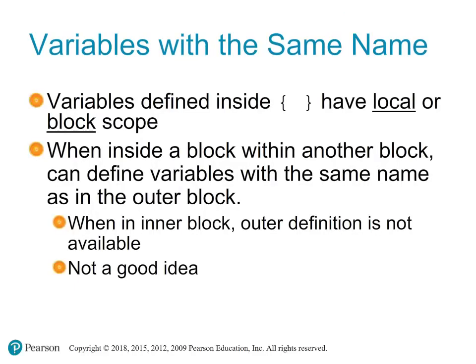Variables defined within curly braces have local or block scope. That means they are only accessible within that block. In the inner block, you can define a variable with the same name as a variable in the outer block. This is known as shadowing. When a variable in an inner block shadows a variable in an outer block, the outer variable becomes inaccessible for the duration of the inner block.